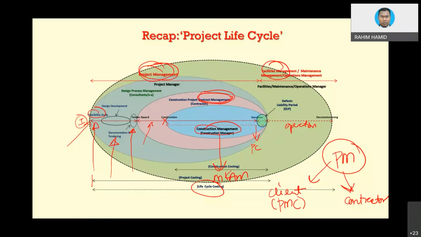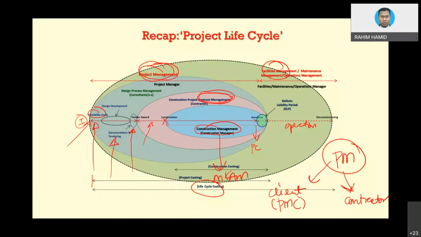If, for instance, you would be able to estimate the life cycle costing of a building that will run for 100 years, then basically it will give you an indicator. It's for you to make a better decision.